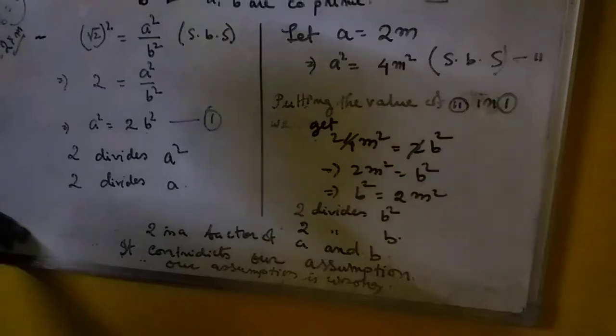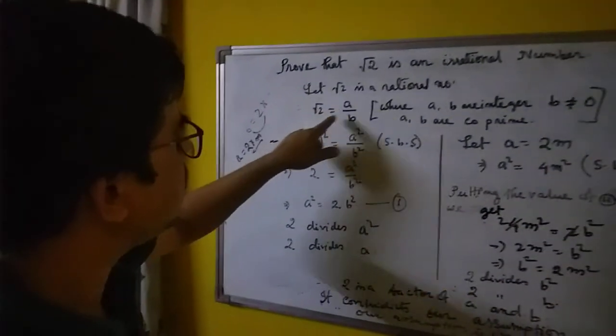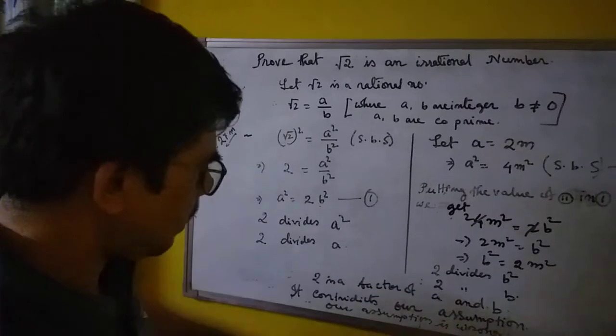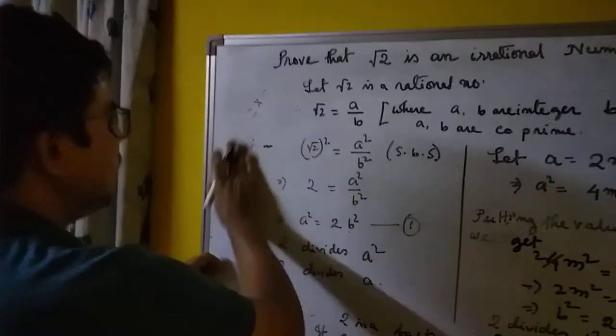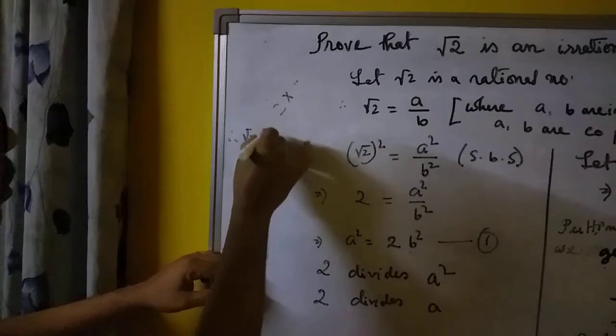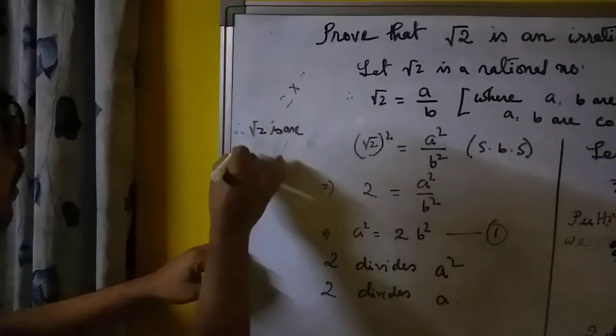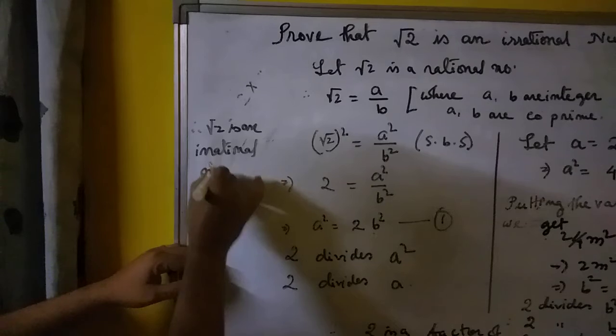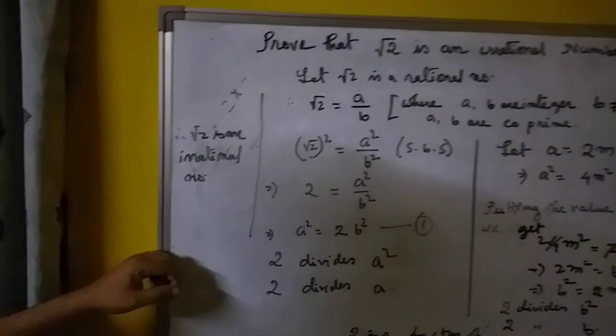And if our assumption is wrong, that is, let root 2 be a rational number, that is wrong. That means root 2 is what number? Therefore, root 2 is an irrational number. Understood or not?